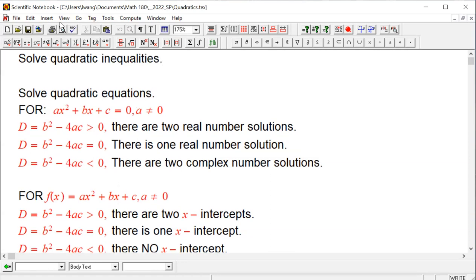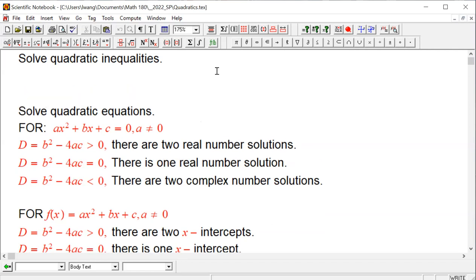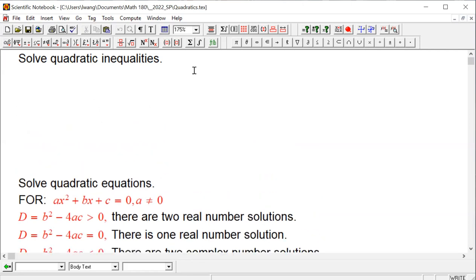We actually have addressed these questions, solving these inequalities, in the section on quadratic functions. But here we're going to talk systematically about the different methods that are available to solve these quadratic inequalities.